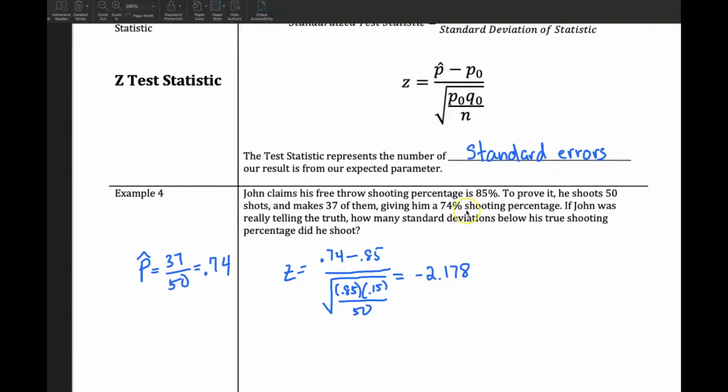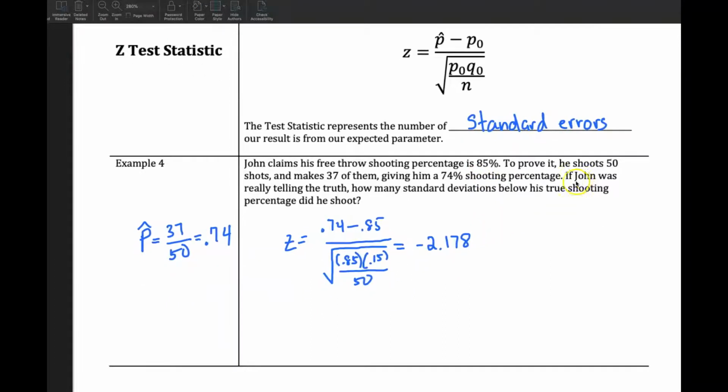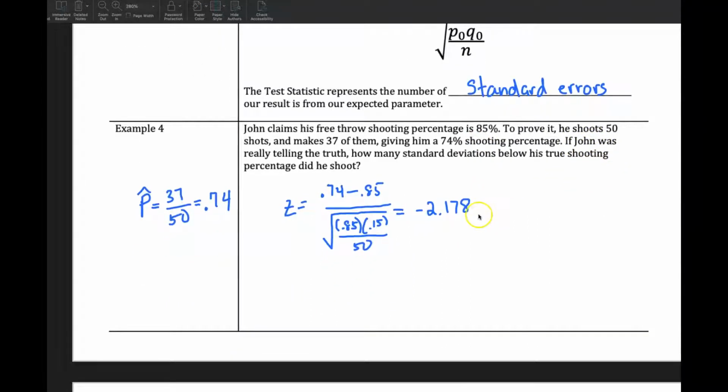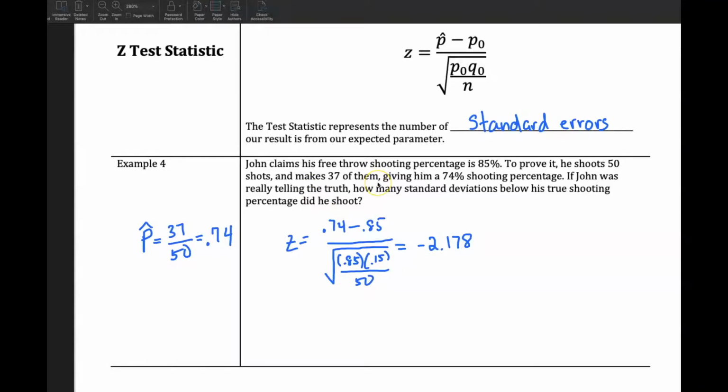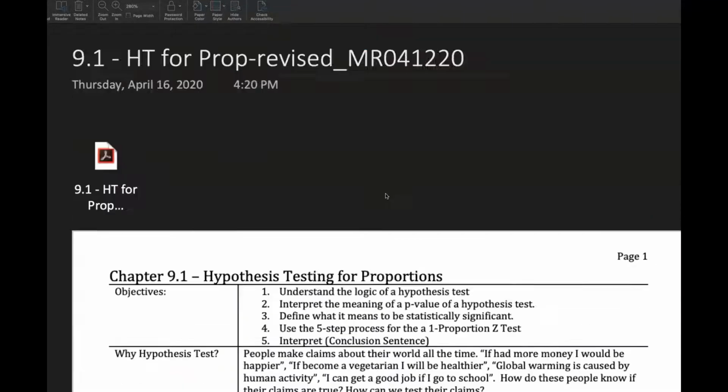And so when he shot his 37 shots, made 37 out of 50, he was 2.178 standard errors below the claimed value, the claimed population parameter for John's shooting percentage. And so that would be the next piece.